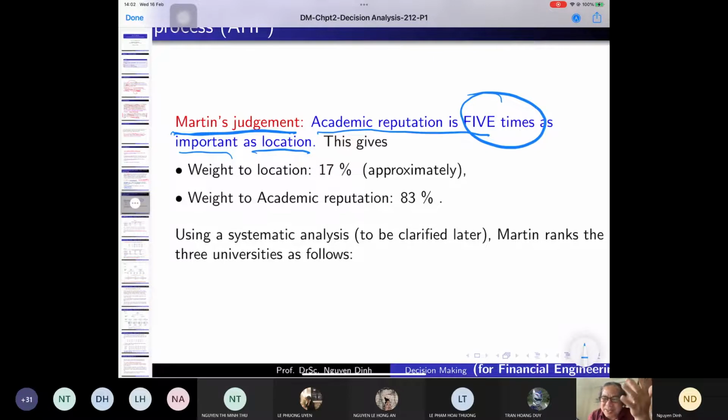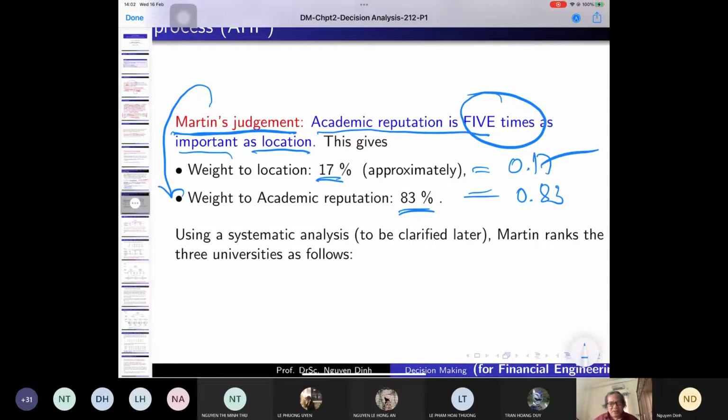So that means 5 among 6. 5 among 6 means 83%. 5 over 6. 1 over 6 is 17%. And so, in this way, the weight for academic reputation for Martin is 83%. That means 0.83, and the other is 0.17, something like this.